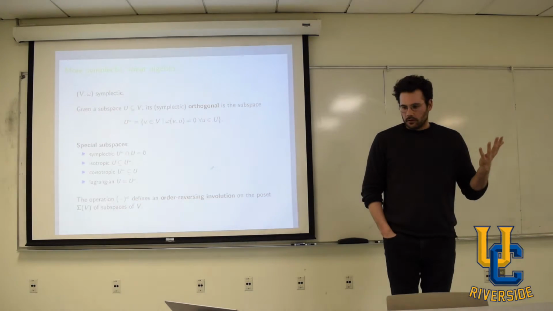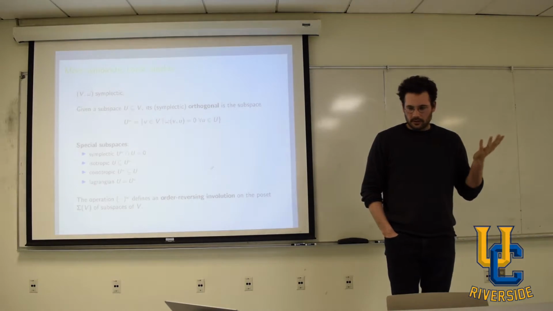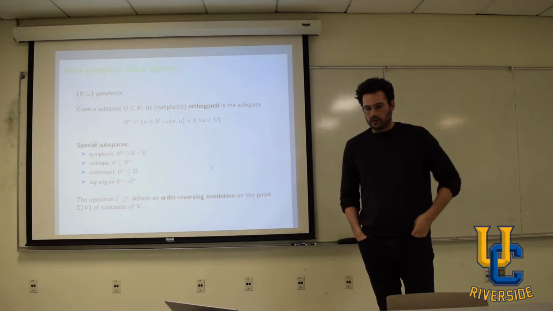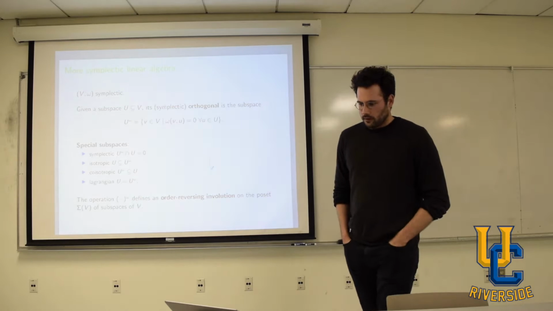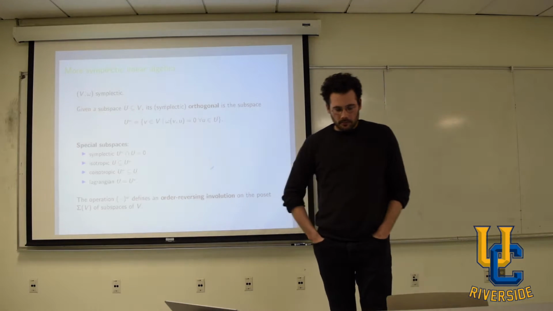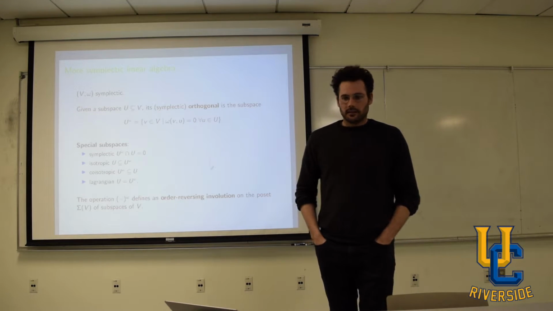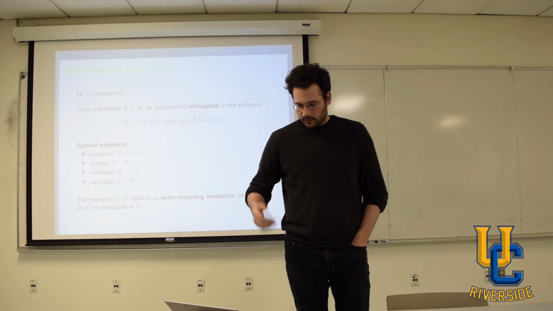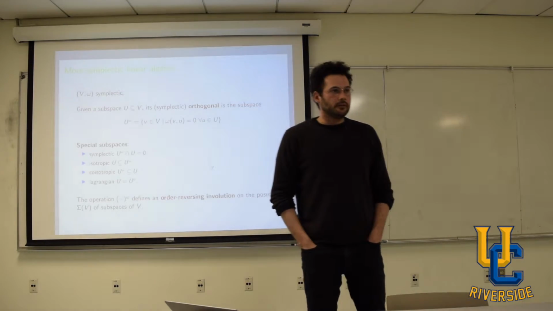And some of the basic things we can do is ask, okay, what is the notion of orthogonality? It's the same definition, you could say, as in the Euclidean case, but it behaves differently.